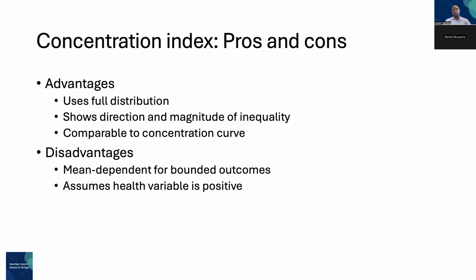Compared to the graphical concentration curve, you can easily tell the differences in magnitude in case they are close to each other. It may be very difficult for you to distinguish the inequalities using a concentration curve in case they are quite similar between countries or observations. But in this particular case, it is very easy to tell that.